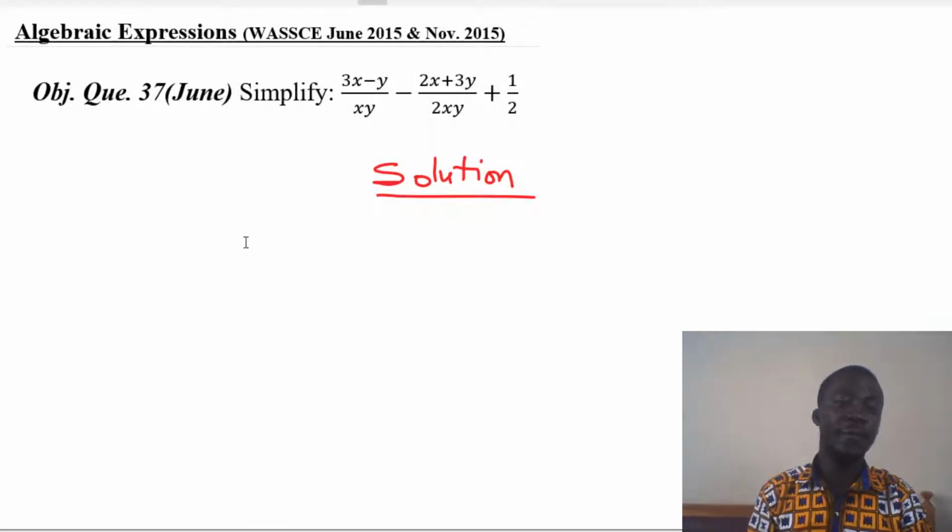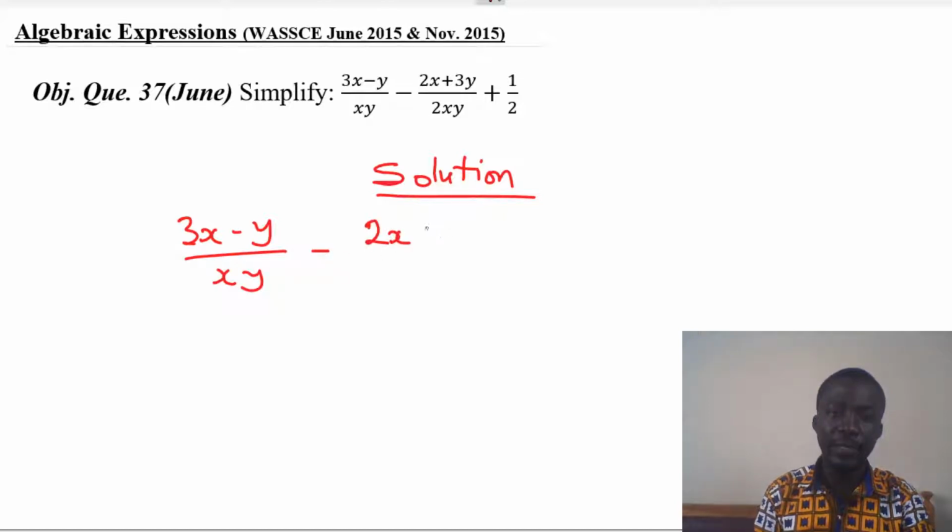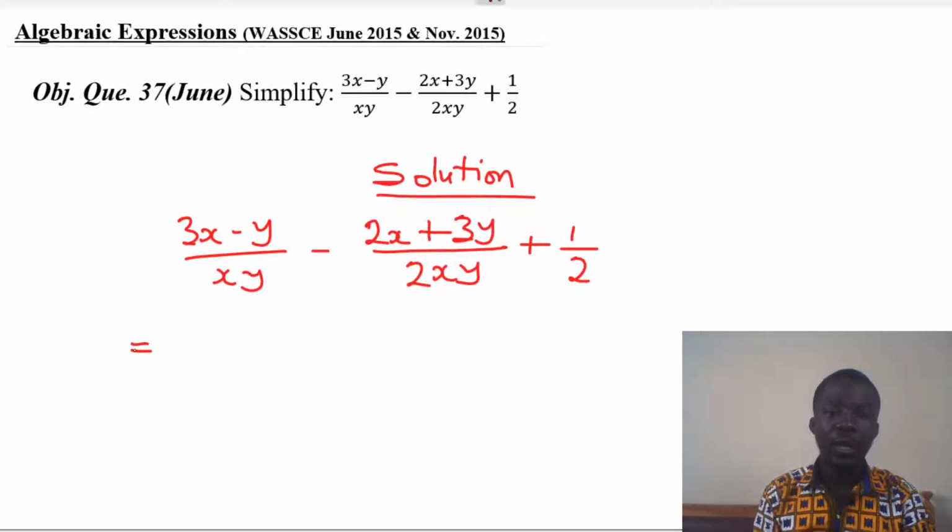In objective question 37, June, we are to simplify (3x minus y) divided by xy, minus (2x plus 3y) divided by 2xy, plus 1 divided by 2. In solving this given expression, we have to first of all find the least common denominator.